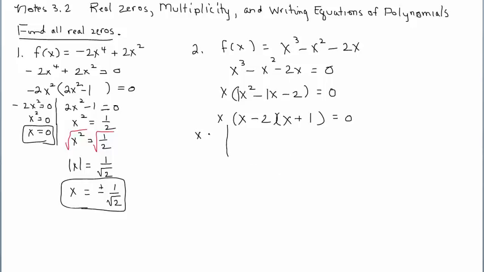Set each factor equal to 0. So this factor is going to give a solution of 2. So if 2 is the 0, then x minus 2 is the factor it came from. If x plus 1 is the factor, then its solution is going to be -1.